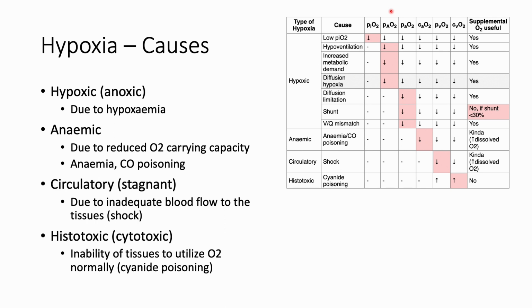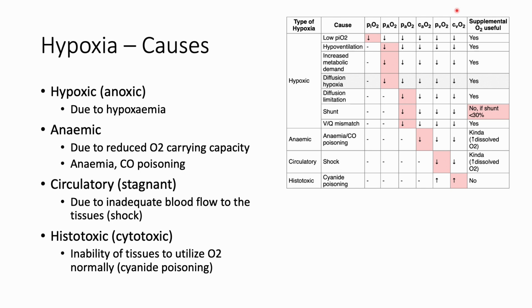What's going to have a normal alveolar PO2 but cause a reduced arterial PO2? And in what situations will you have a normal arterial PO2 but have a reduced arterial content of oxygen? And when will you have normal arterial content of oxygen but still have a low oxygen at the tissue level? And in what situations will you have normal or even high oxygen at the tissue level but still have hypoxia?